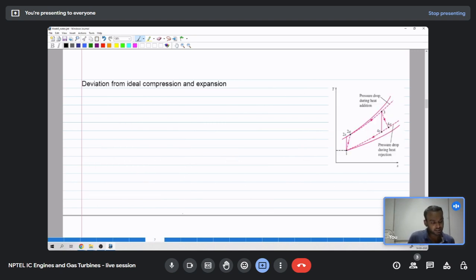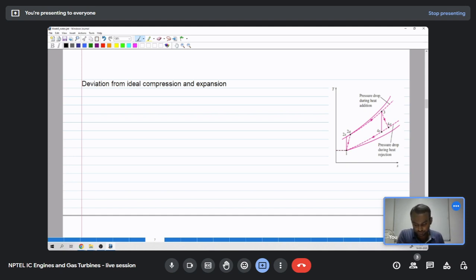But in a real case, there would be some entropy production, and because of this the net work output of the turbine, or the work that has to be given to the compressor, will be a little more than the ideal case.